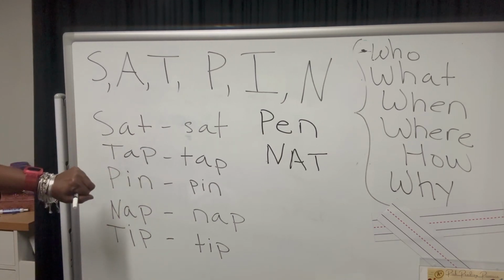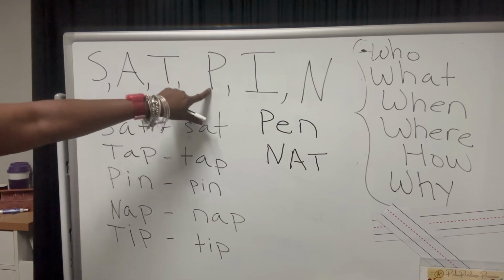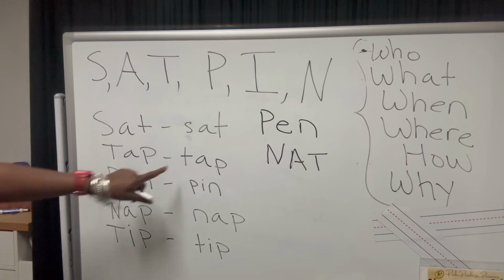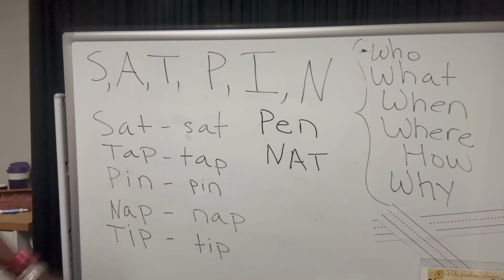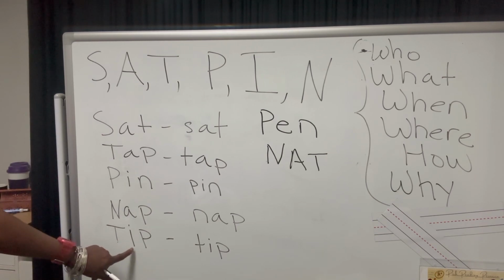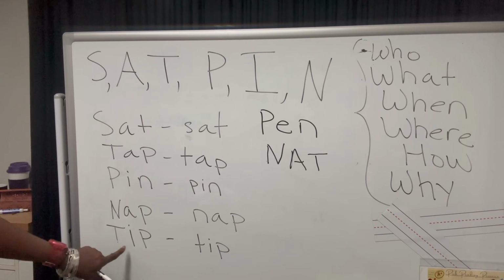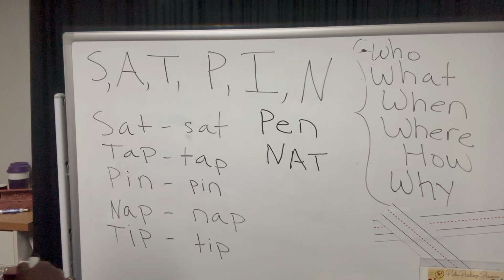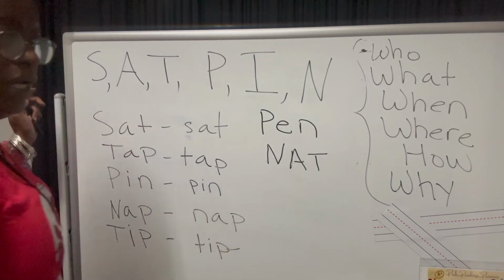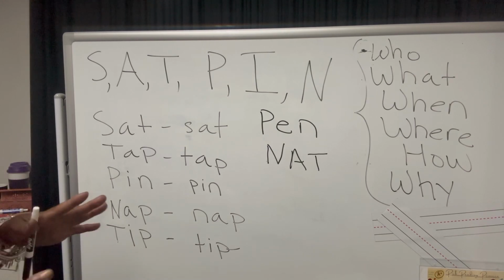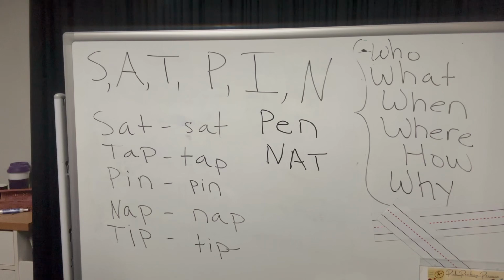TAP, T-A-P, tap, app, tap, tip. And that's when you go to a restaurant, you tip your waiter or your waitress to let them know that you appreciate their service. Hopefully it's good service. Other than that, well, the tip might have to be adjusted.